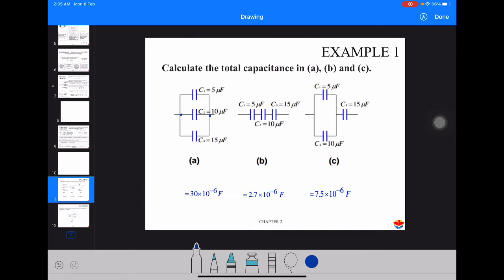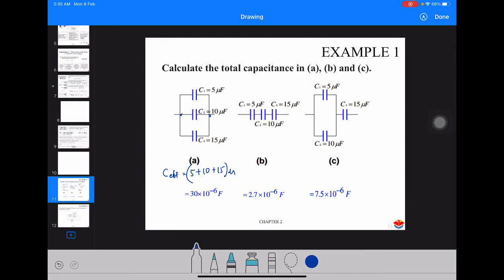Don't forget the micro, so it will be 30 microfarad. For question B, maybe I can write this one as C effective equals 5 plus 10 plus 15. In the exam, actually write times 10 to the power of negative 6.